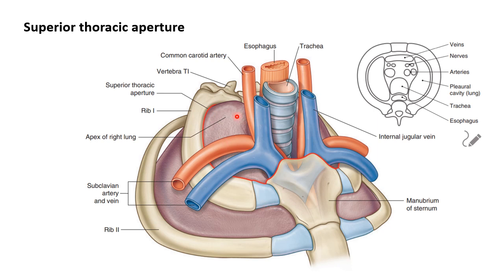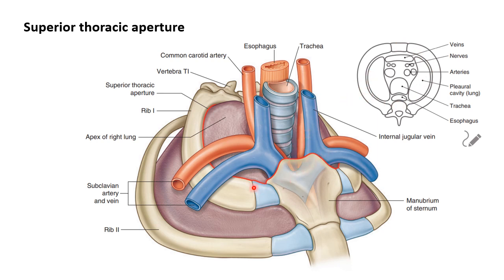This obliquity makes the upper part of the pleural cavity, which we call the apex of the pleural cavity, surrounding the lungs, and the lungs inside it, extend above the level of the first rib. It will be on each side of the entrance of the superior thoracic aperture.